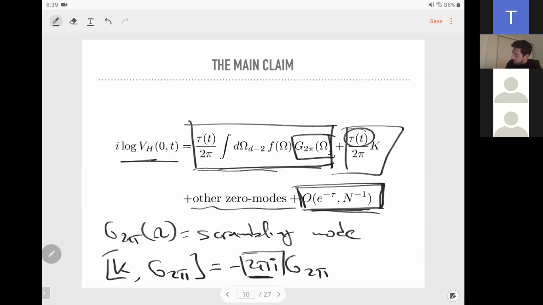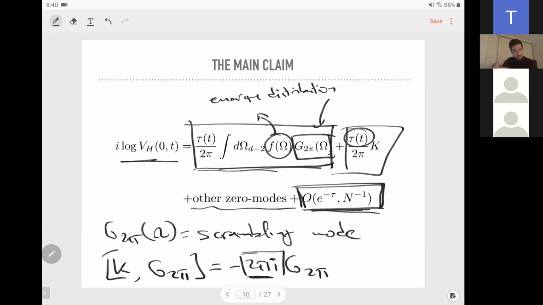So the piece that I'm adding here to describe the growth of the horizon is precisely this maximal chaos mode. The coefficient of this maximal chaos mode depends on the energy distribution of the infalling matter.